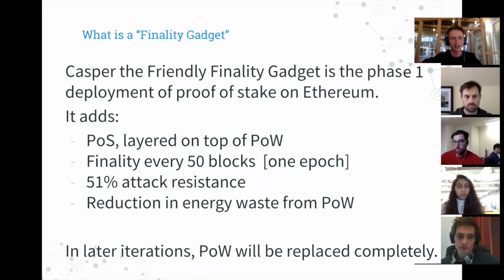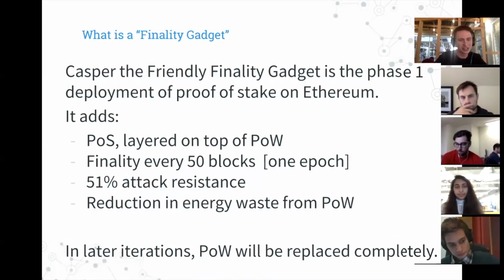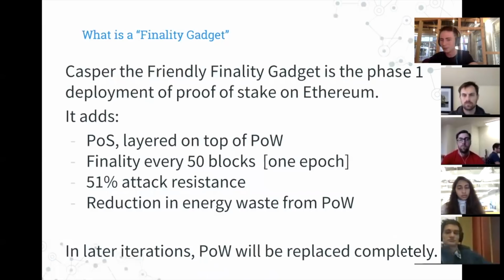So I'm going to dive into the FFG. First, it's proof of stake layered on top of proof of work. That means there's going to be finality, or an attempt at finality, every 50 blocks, aka one epoch. It has some 51% attack resistance.